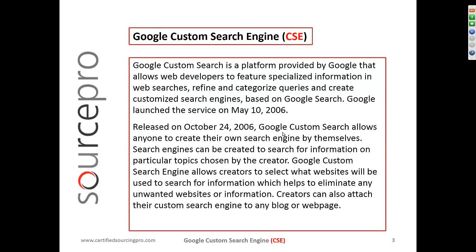I'll just start with what basically is a Google custom search engine. It is actually a platform for people like us to develop our own mini search engine on Google. On Google, what happens is you get a lot of information.